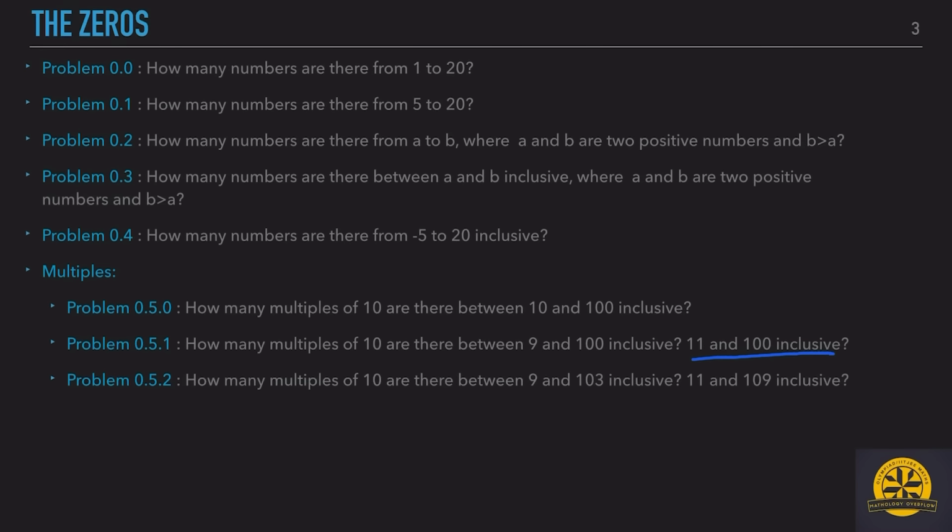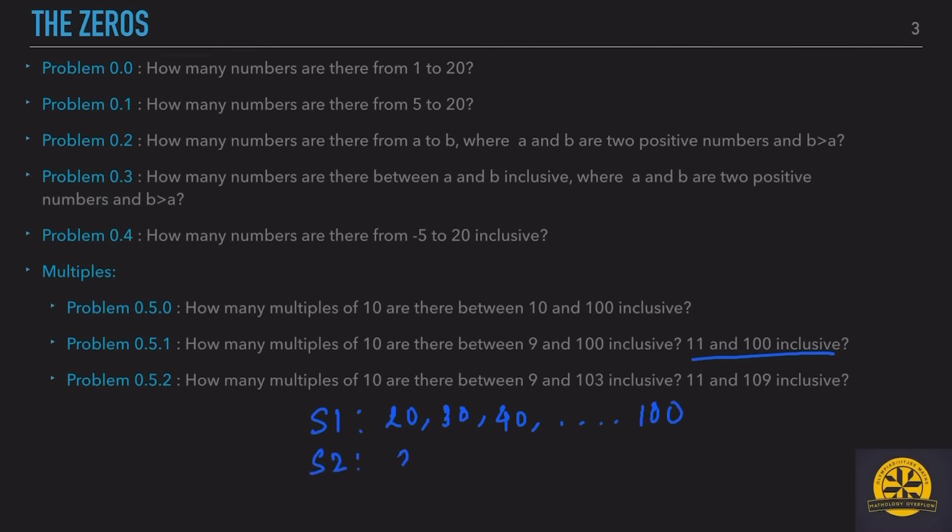How about 11 to 100 inclusive? Well, once again, 11 is not a multiple of 10, but 100 is. So we need to figure out the next multiple of 10 that is greater than 11. That's 20. So our S1 becomes 20, 30, 40, all the way till 100.